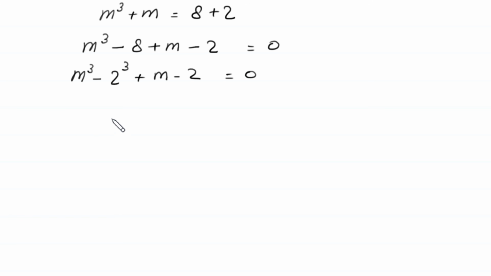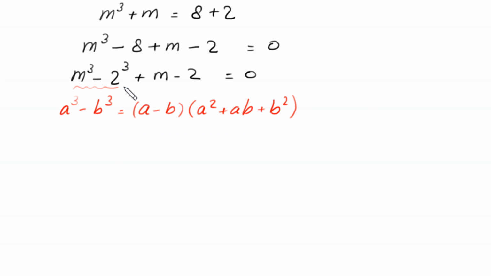Now by using this algebraic identity, a cubed minus b cubed is equal to a minus b times a squared plus ab plus b squared, this m cubed minus 2 cubed will become m minus 2 times m squared plus 2 times m plus 2 squared, which is 4.